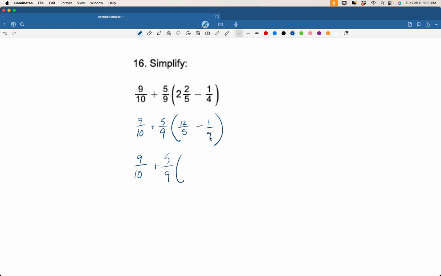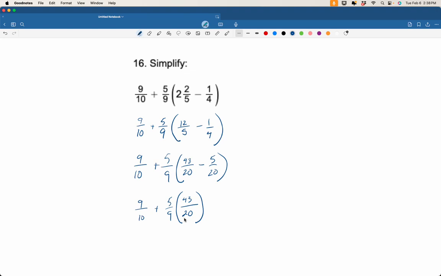It's going to be 9 over 10 plus 5 over 9. And if I multiply this by 4, I get 48 over 20 minus, and I multiply this by 5, and I get 5 over 20. So then that becomes 9 over 10 plus 5 over 9 times 43 over 20. So that's a little bit easier to deal with, right?